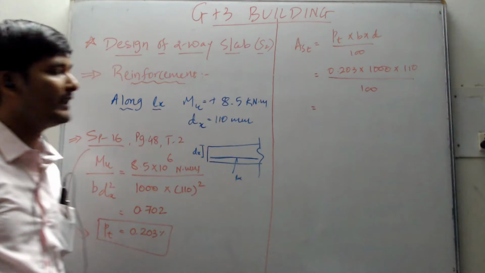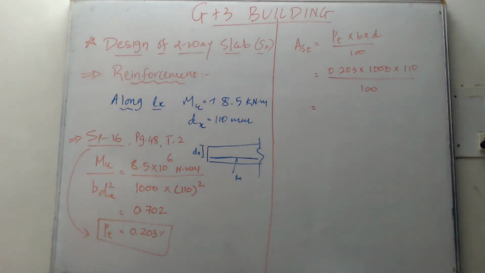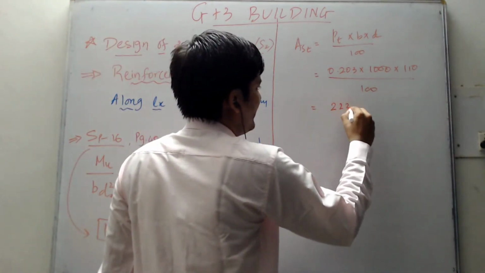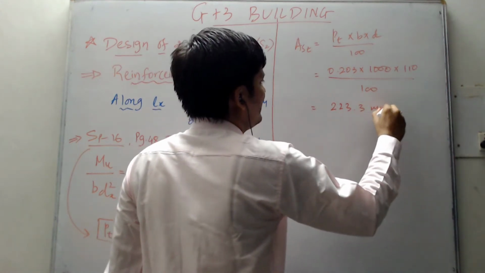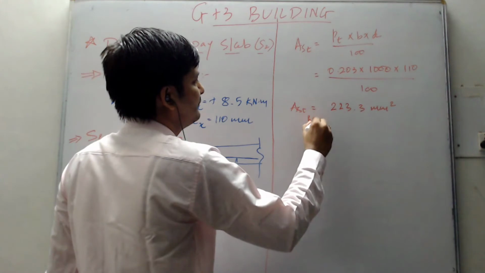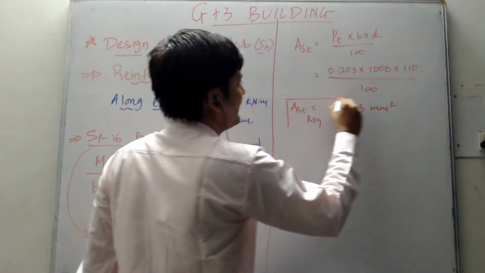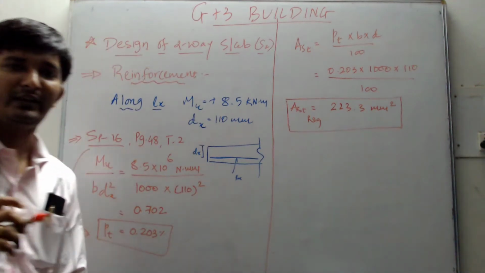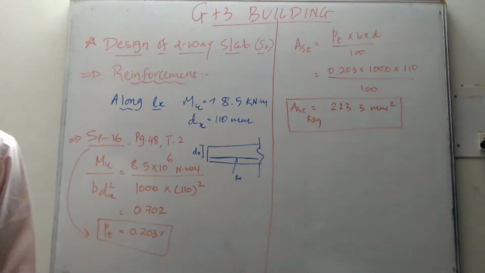So quickly calculating this answer, I am getting 223.3 mm square. This is Ast required. Required means we cannot provide an area of steel less than this value, right? So Ast provided should be more than this Ast required.